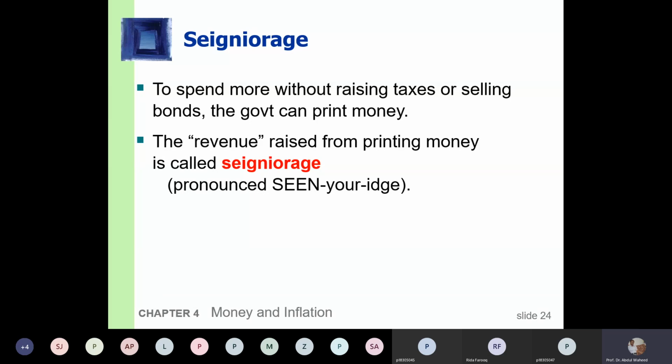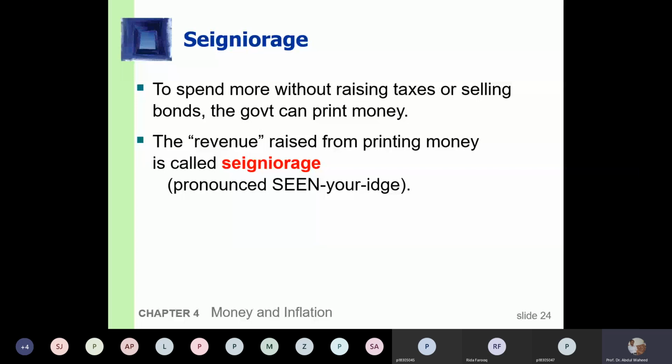If the government cannot generate enough revenue from taxes to finance their expenditure, then they can use seigniorage, which means the government raises revenue from printing money. They ask the central bank to print money, and with that printed money, the government makes expenditure. They buy goods and services.